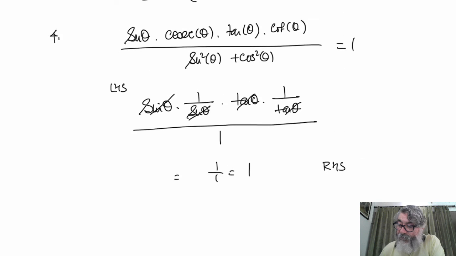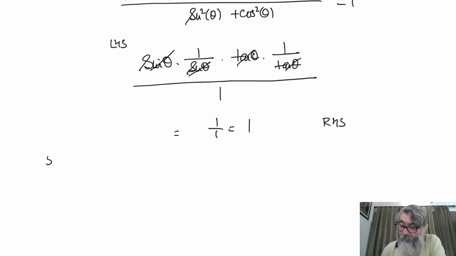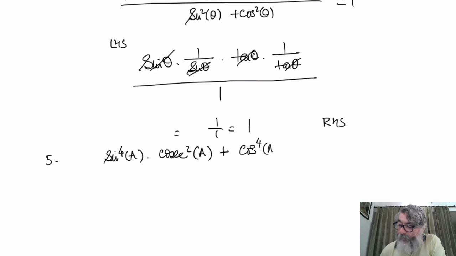Now the next question is 5. What is the question? Sine to the power 4a cosec square a plus cos 4a sec square a, you have to prove it equal to 1.